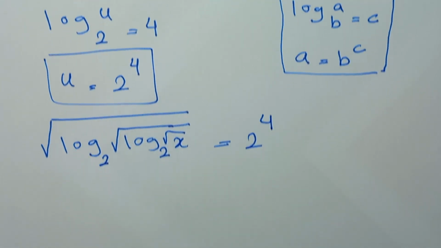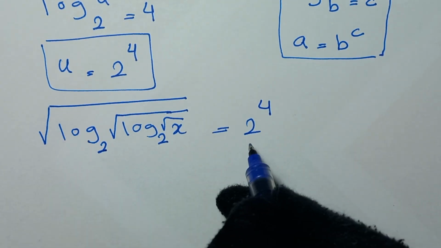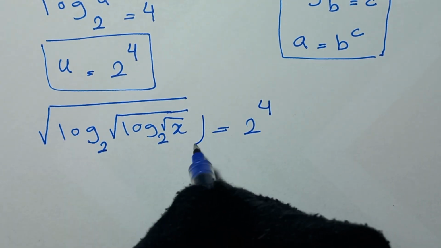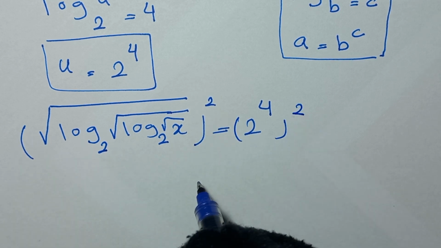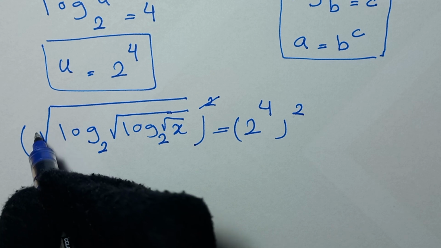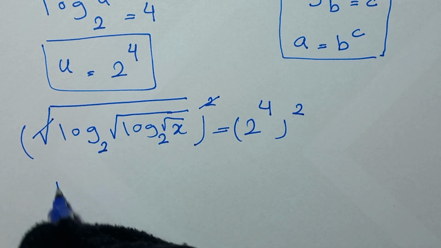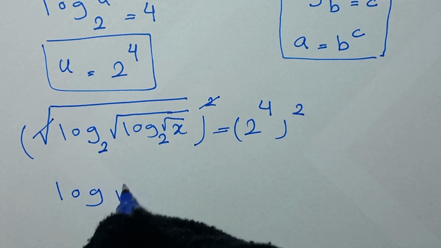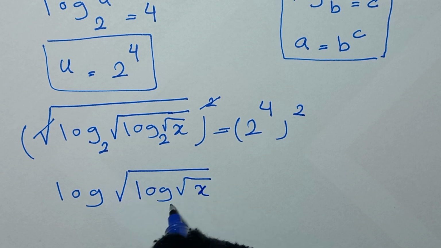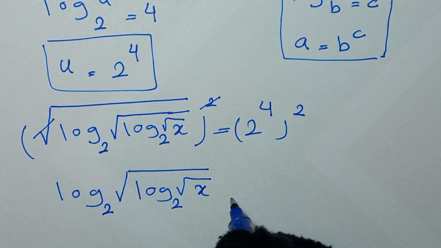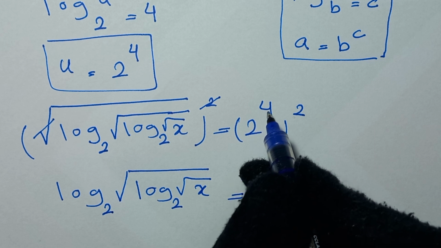And here again we square both sides of the equation, so this to the power of 2 and this to the power of 2. The power cancels the square root, and it will be log of square root of log of square root of x, base 2, equal to 2 to the power of 4 to the power of 2.